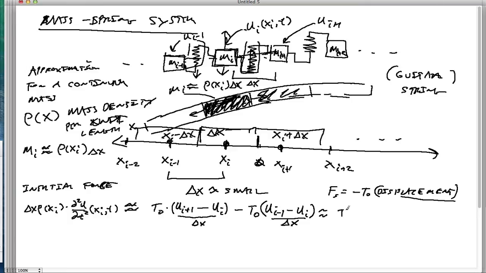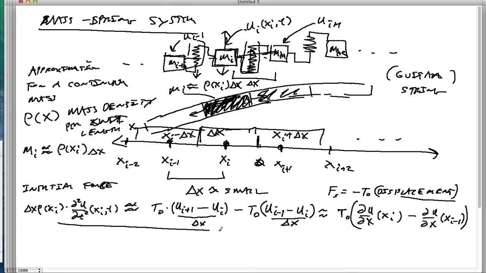So we can rewrite that as T0 times the partial derivative in x at x_i, minus the partial derivative of u at x_(i-1), all multiplied by T0, that spring constant we had.